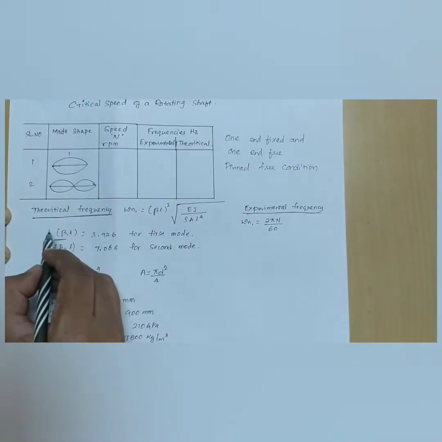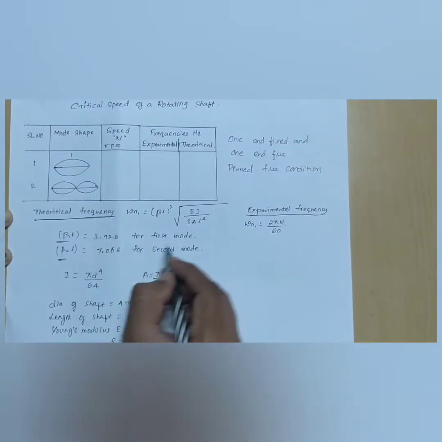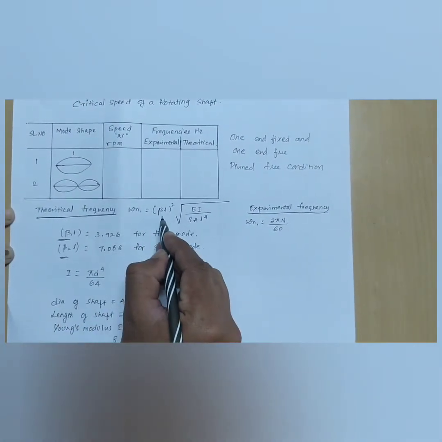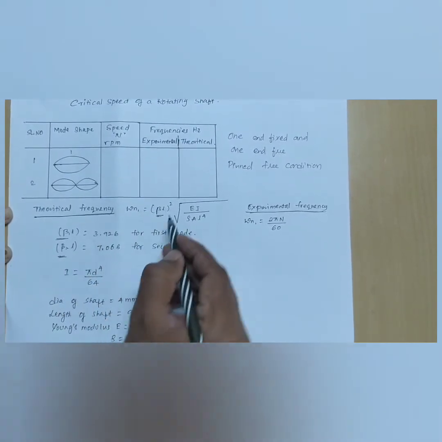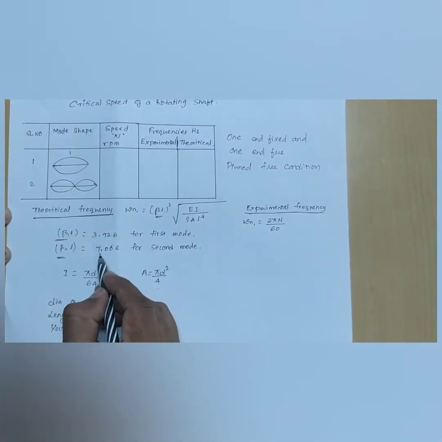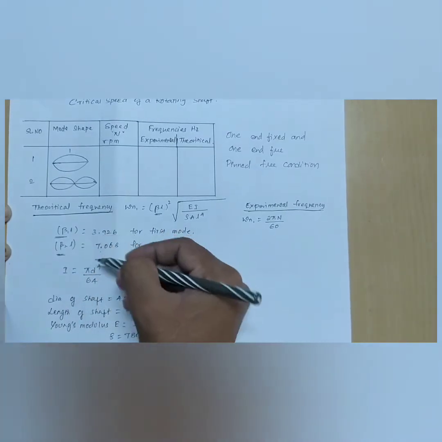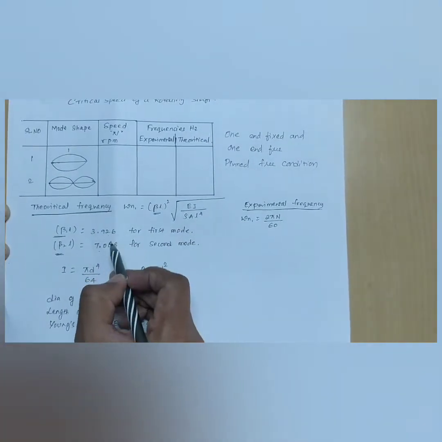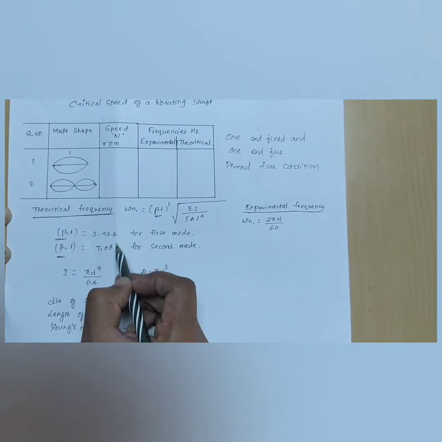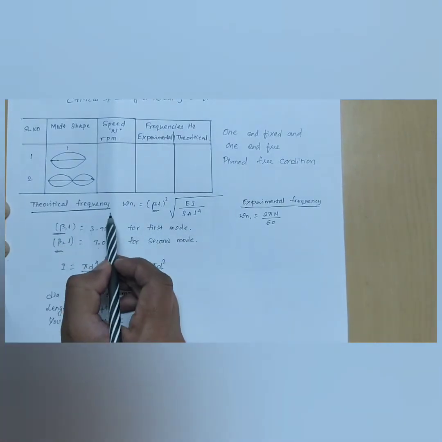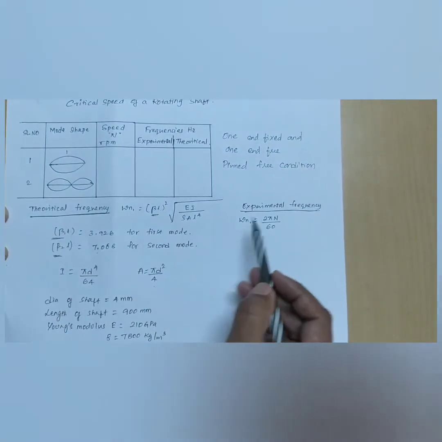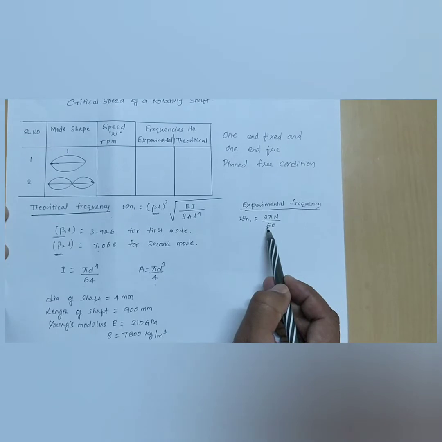For the first mode shape, the standard constant value of beta L is 3.926, and for the second mode shape, this is the value. Similarly, for different mode shapes these values keep varying. We will consider the standard values for the given dimensions of the shaft to find the theoretical natural frequency, and again find the experimental natural frequency.